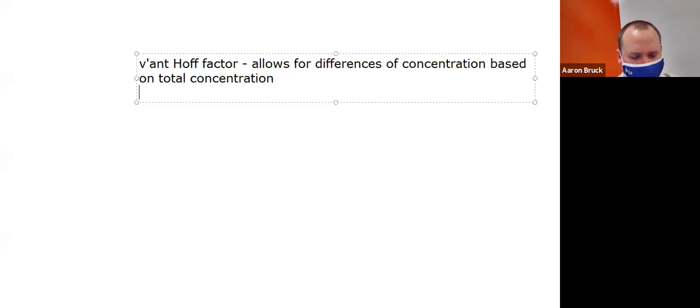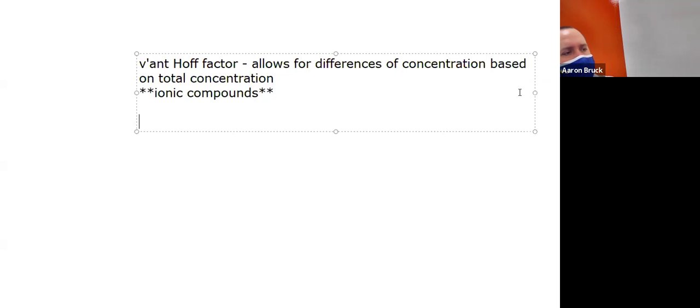The Van't Hoff factor comes into play when we start to look at total concentration. In particular, ionic compounds. Ionic compounds, because they split into ions, are going to have different levels of total concentration than other kinds of materials.